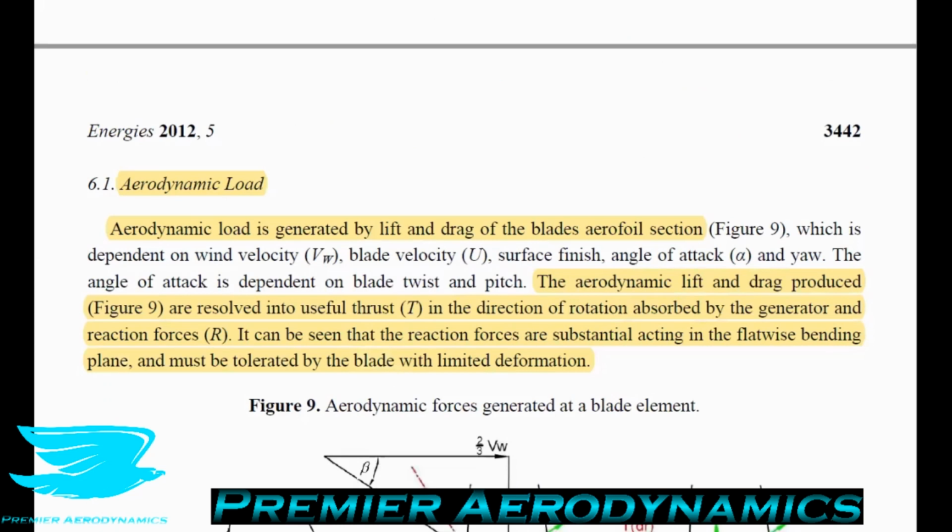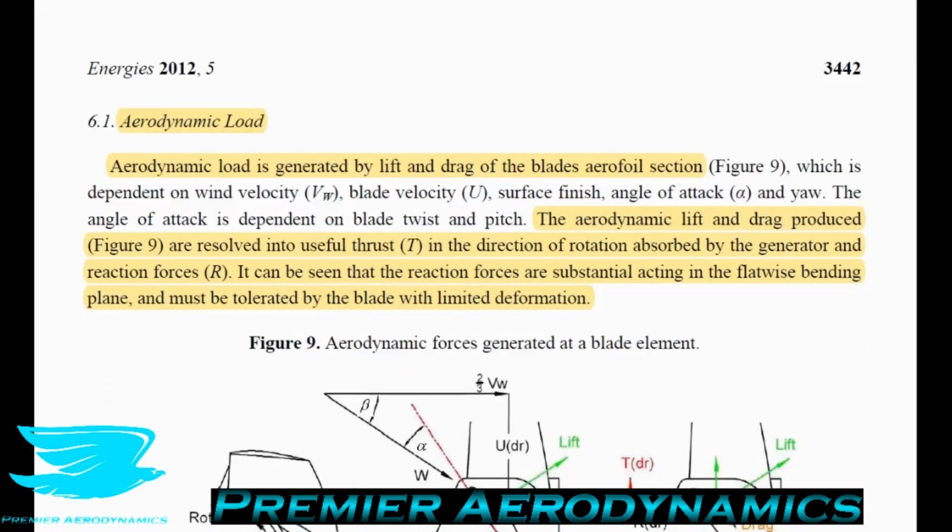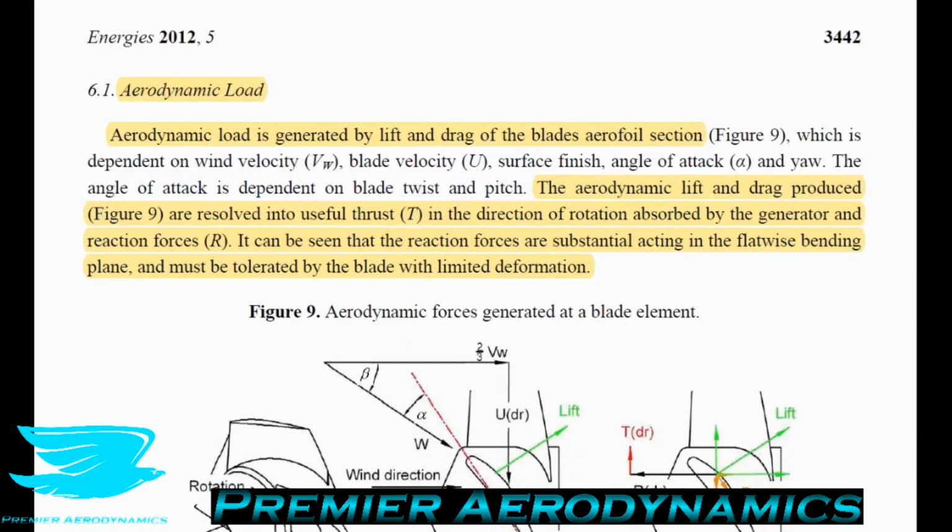Let's talk about the aerodynamic loads first. So the aerodynamic load is generated by lift and drag of the blade airfoil sections. The aerodynamic lift and drag produced are resolved into useful thrust, so that's to rotate the blades around, and reaction forces.